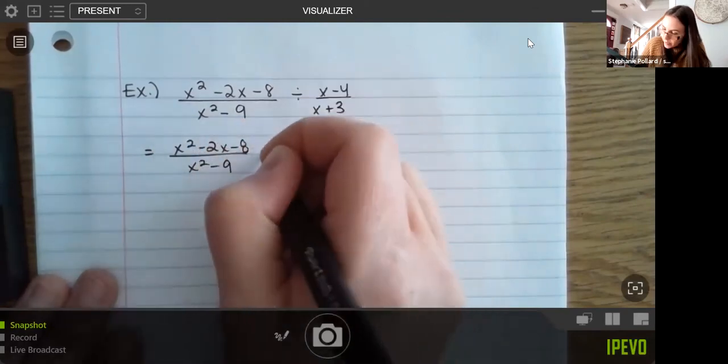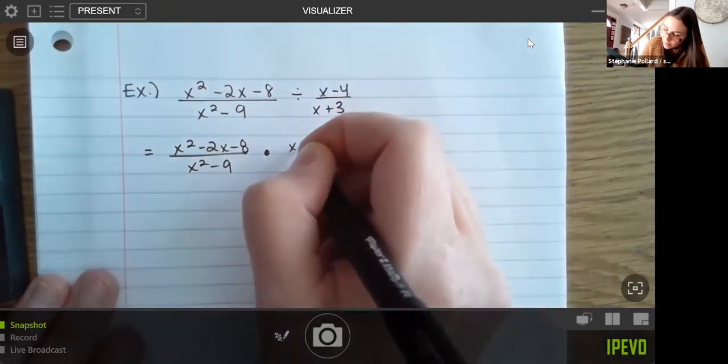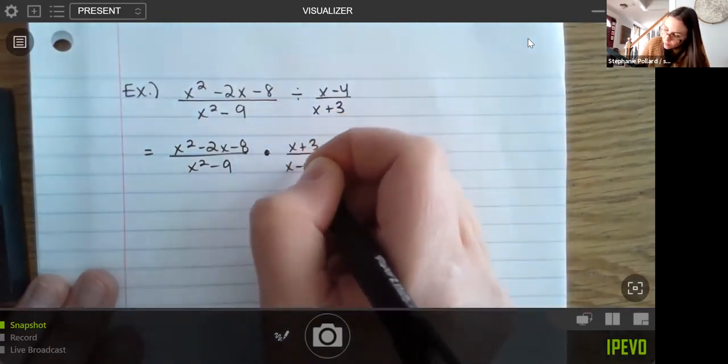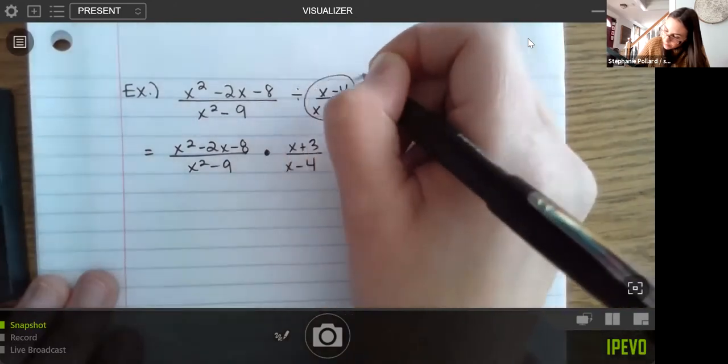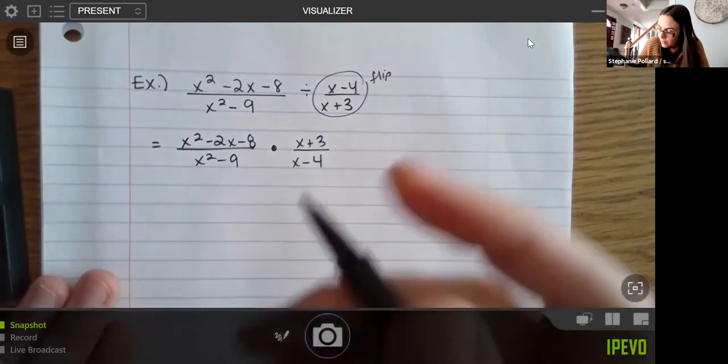We are going to change the multiplication and we are going to flip our second fraction. So the x plus 3 goes up and the x minus 4 goes down. And now I would factor. So my next step is going to be to factor.